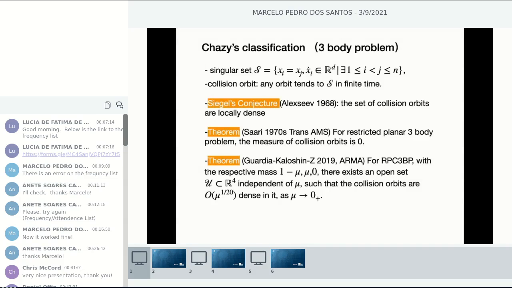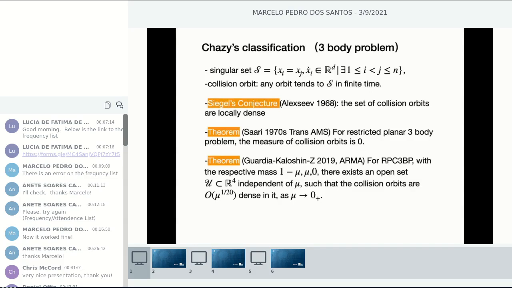And another recent work by Guardia, Kaloshin, and me in 2019, we get the following asymptotic result. For the RPC three-body problem, which means the restricted planar circular three-body problem, we restrict the masses to be 1 minus mu and mu, and 0. Basically, the model can be interpreted as the Sun, Jupiter, and an asteroid. There exists an open set U containing R^4, the four-dimensional reduced phase space.